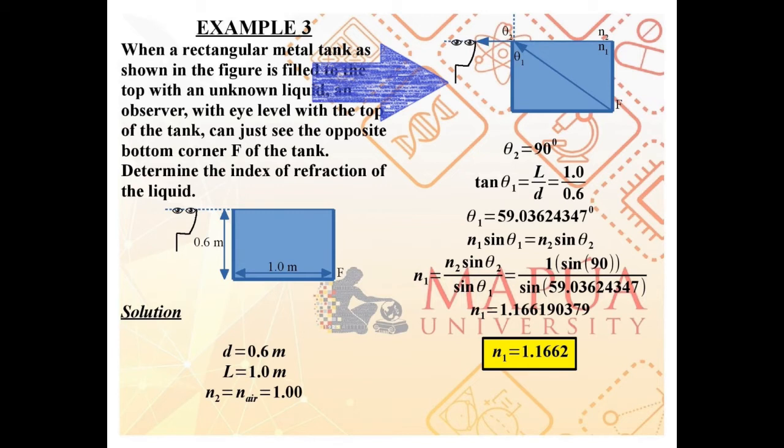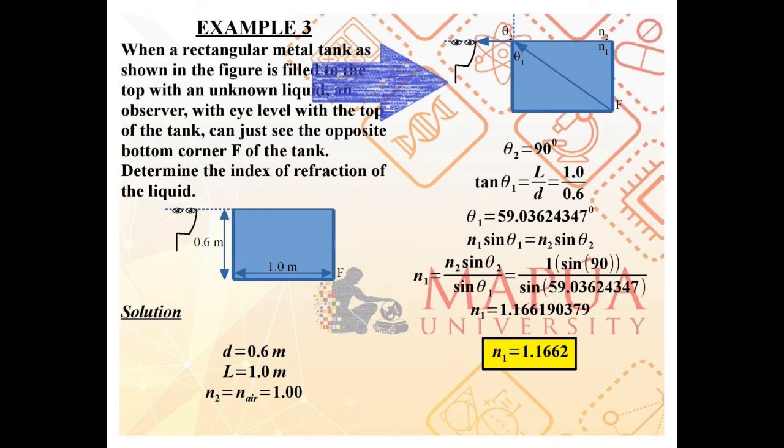Also, from the figure, the interface is a horizontal line, so the normal to the interface is the vertical line. The angle of incidence theta 1 is shown in the figure, and we see that the angle of refraction, theta 2, is 90 degrees.